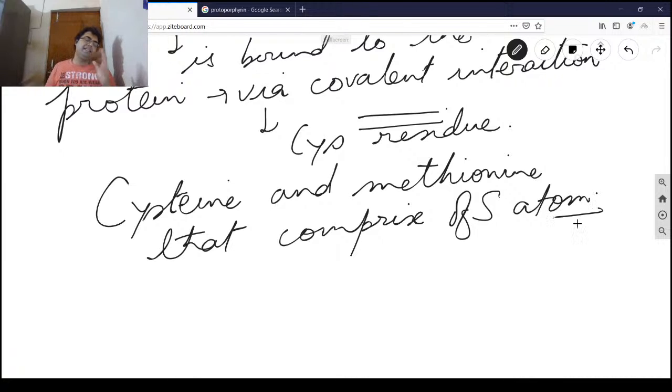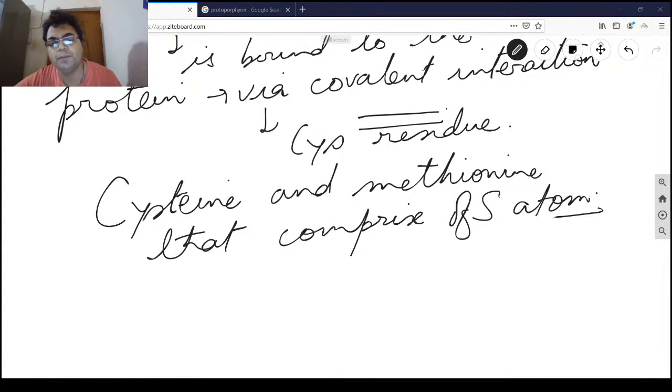Otherwise, other amino acids do not contain sulfur. So they go for a disulfide linkage with the amino acid cysteine, which is a covalent bond, right? Now we talk about something known as the iron sulfur proteins.